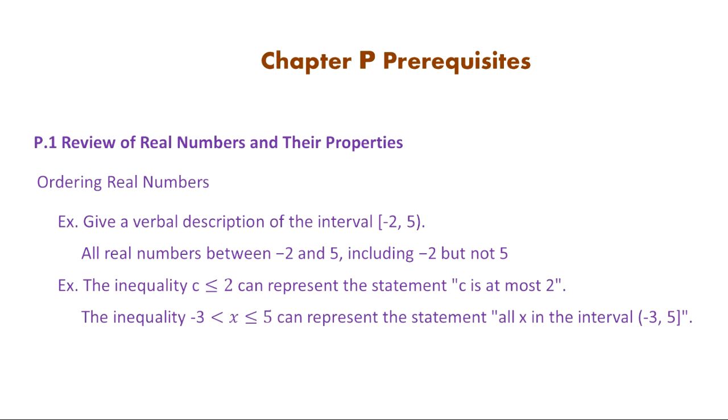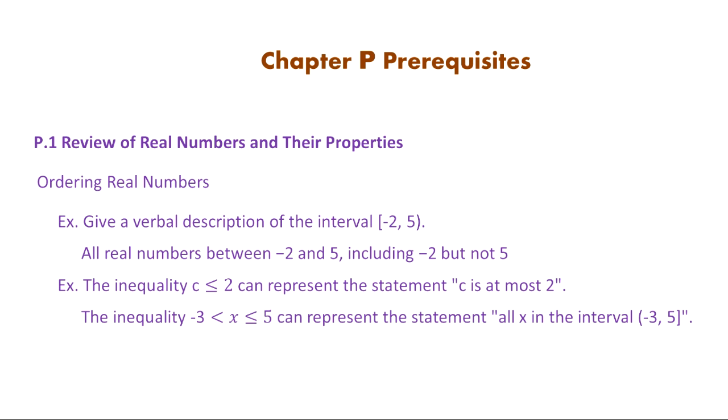Again, you see the bracket on the left and the parenthesis on the right. Just like the graphical representation, we can also use interval notation. On the left we got -2, and on the right we get 5. That means all the numbers between -2 and 5, including -2, but not 5.